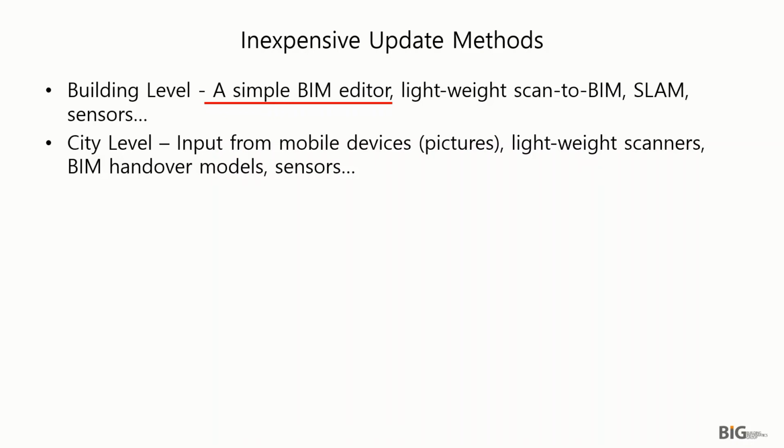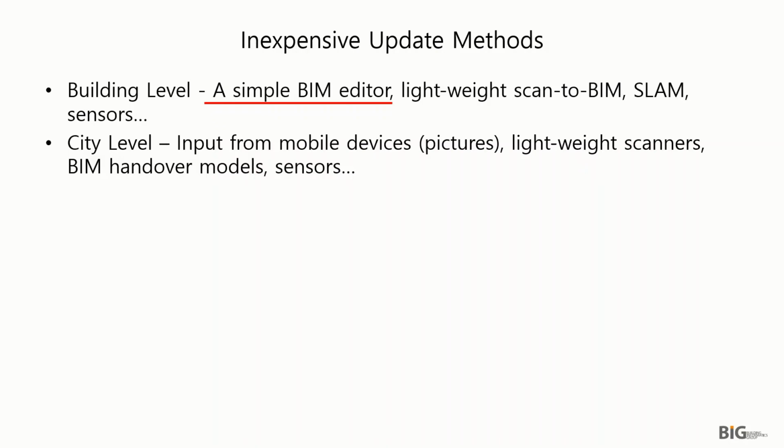To update this model, should we go to a special digital twin manager? No. We should allow a facility manager to draw certain lines or walls in a model to update it. So that's a scenario, and that's what I meant by a simple BIM editor.